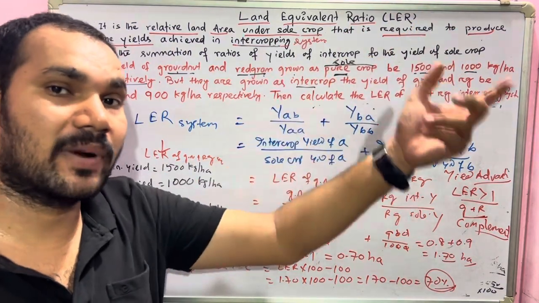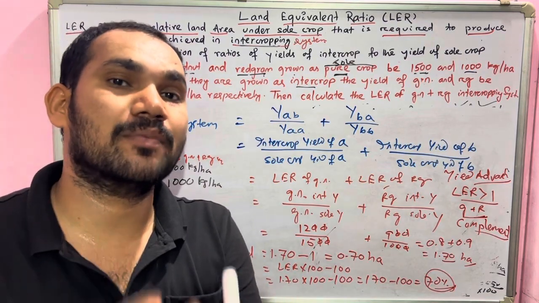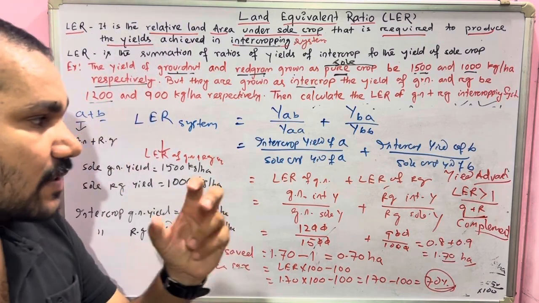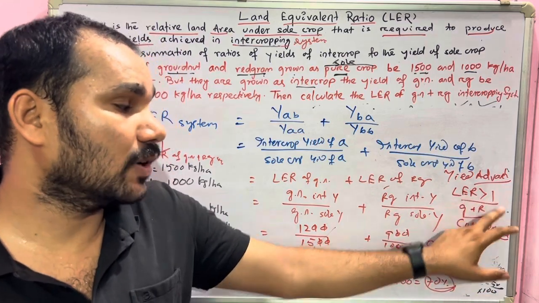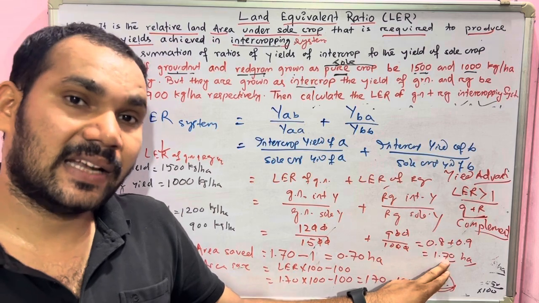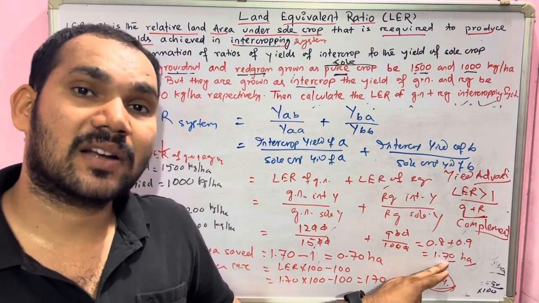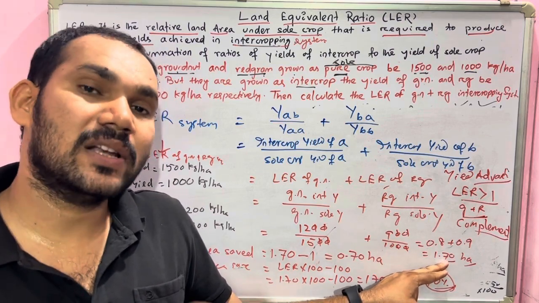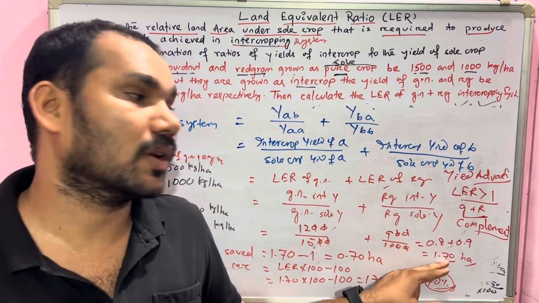We recommend to farmers which crops to grow together. Suppose one intercropping system has an LER of 1.7 and another has an LER of 2.9. The higher the LER value, the more area you are saving, so you will prefer the intercrops with the higher LER value.